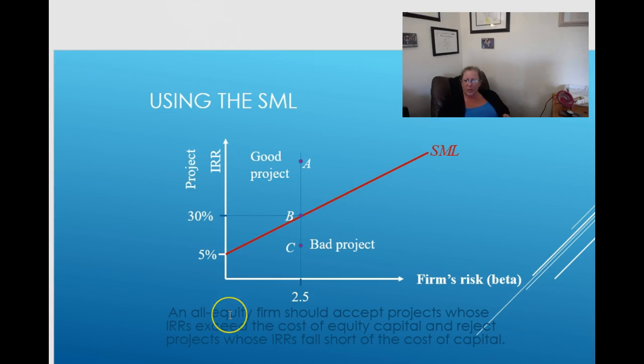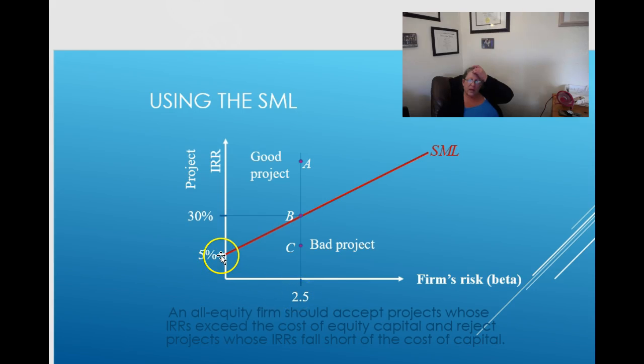An all-equity firm is going to accept projects whose IRR exceeds the cost of equity capital and reject any projects when the IRR falls short of the cost of capital. You can see that here, and I think they meant to have 1.5 there, not 2.5, because the beta was 1.5.